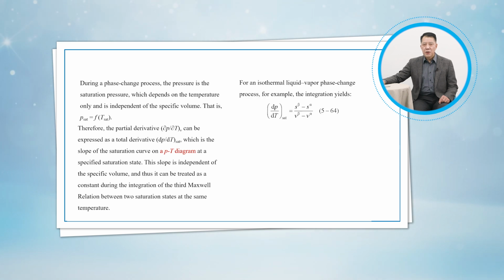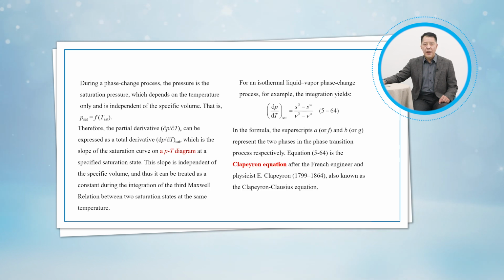For an isothermal liquid-vapor phase change process, for example, the integration yields the following, where the subscripts A and B represent the two phases in the phase transition process, respectively.